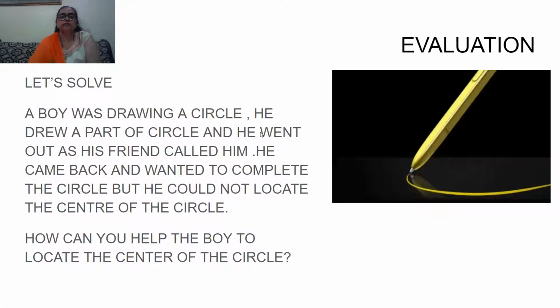Evaluate. A boy was drawing a circle. He drew a part of the circle and he went out as his friend called him. He came back and wanted to complete the circle, but he could not locate the center of the circle. How can you help the boy to locate the center of the circle?